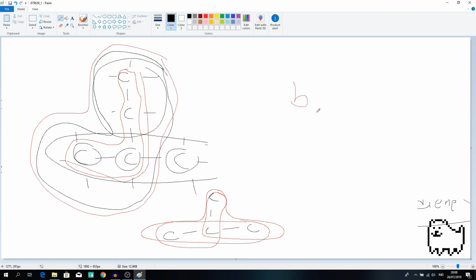Yeah, it's butane. 4 carbons connected to each other by a single bond. Butane with 1 methyl group. So, methyl butane.